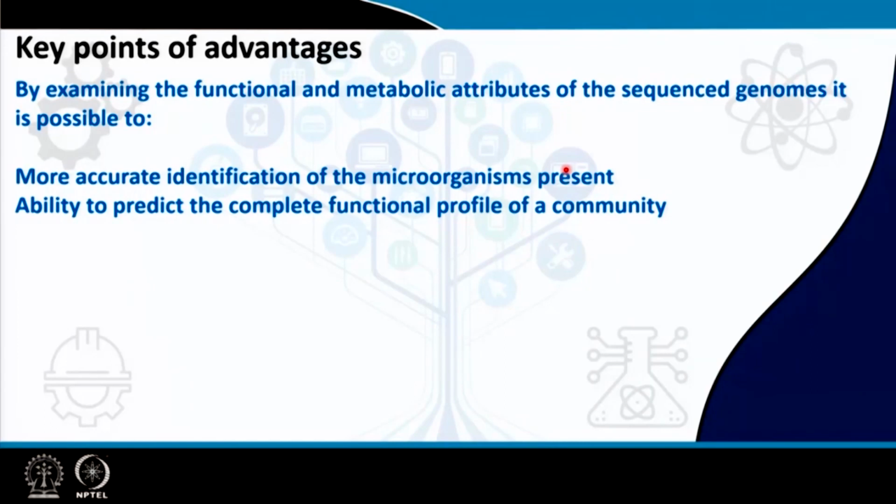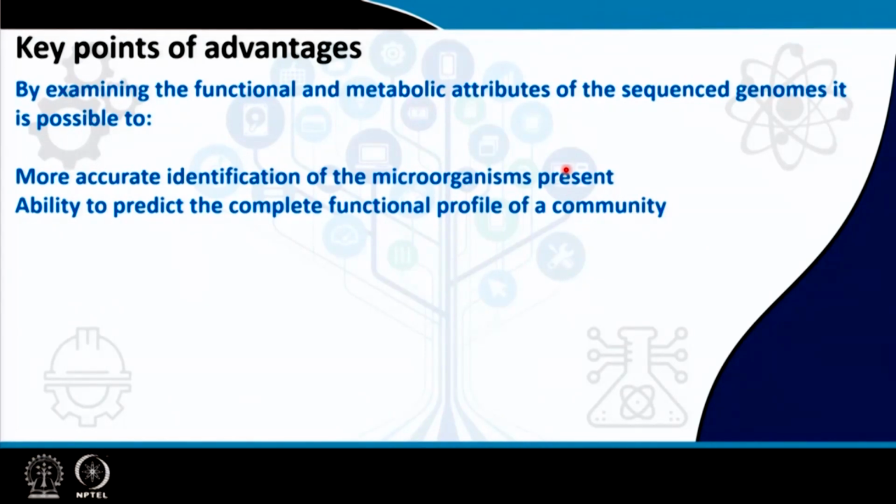So, some key points about the advantages of this whole metagenome. This is only a part of the whole set of data that can be generated. I just took one simple example, but there can be many more similar examples, or more sophisticated and complicated ones.